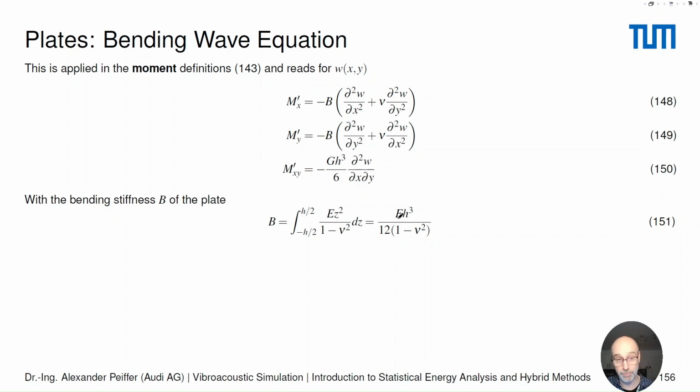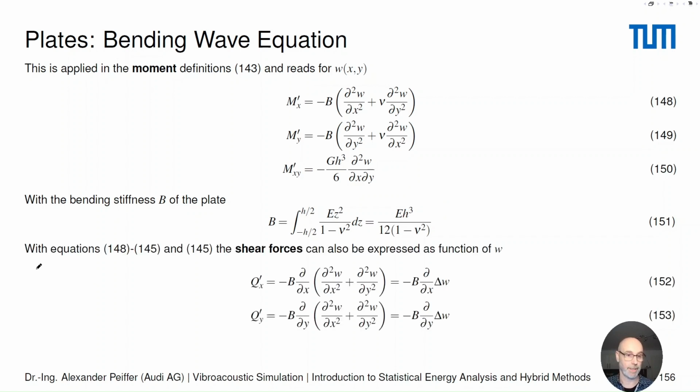It depends on the Young modulus and the cubic thickness of our plate. So if you double the thickness of the plate, the bending stiffness is quadrupled. No, it's 8. So if it's just doubled, then you have 8 times the bending stiffness like the other plate. Okay.